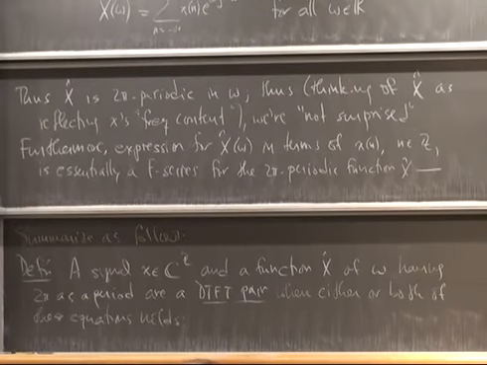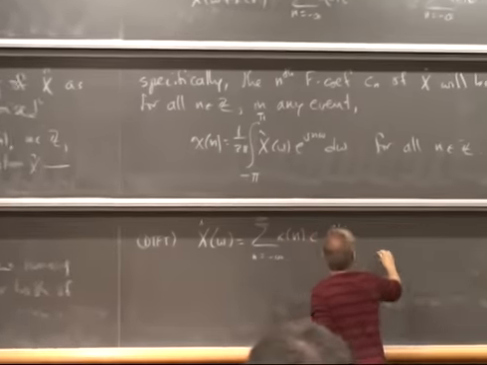That's the discrete time version of equation script f. And I'm going to call that unimaginatively equation DTFT: x hat of omega equals the sum over all n, x of n, e to the minus j n omega for all omega in the reals.